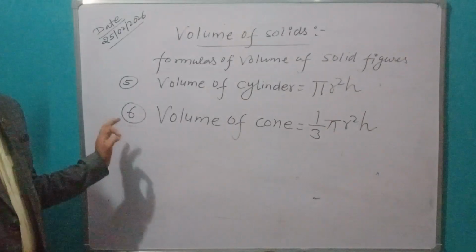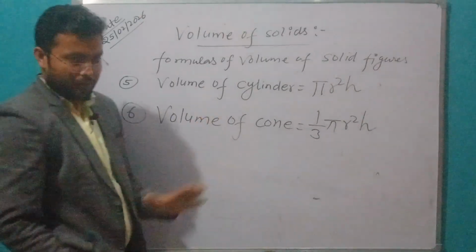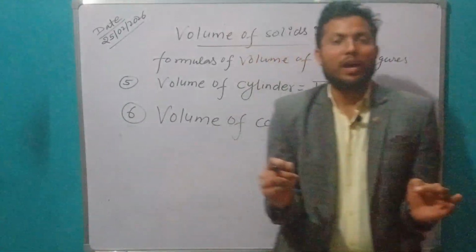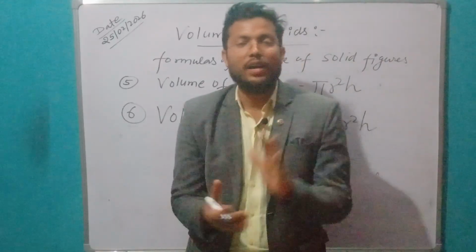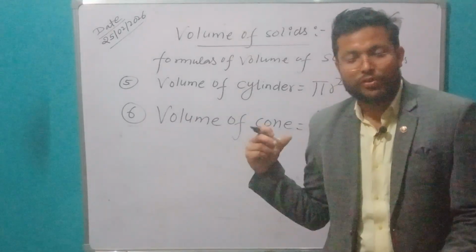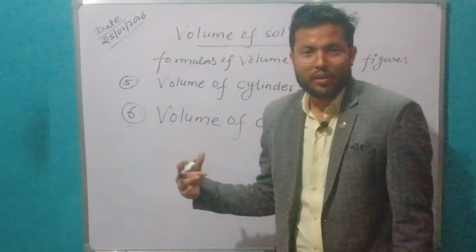This is the formula for the volume of the cone. So if you have any solid figure like a cube, cuboid, sphere, hemisphere, cone, or cylinder, you can easily find the volume of any basic solid figure by using these formulas.